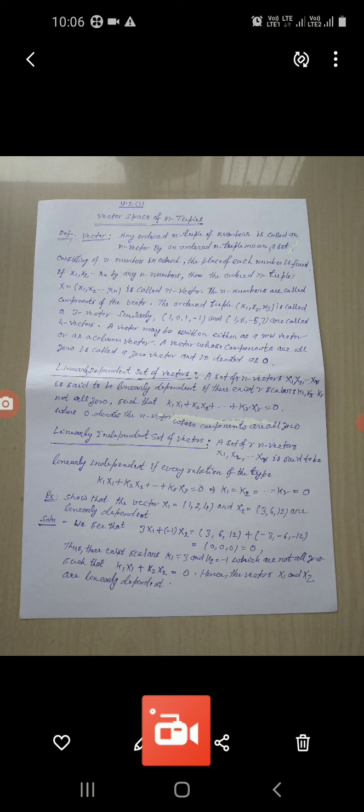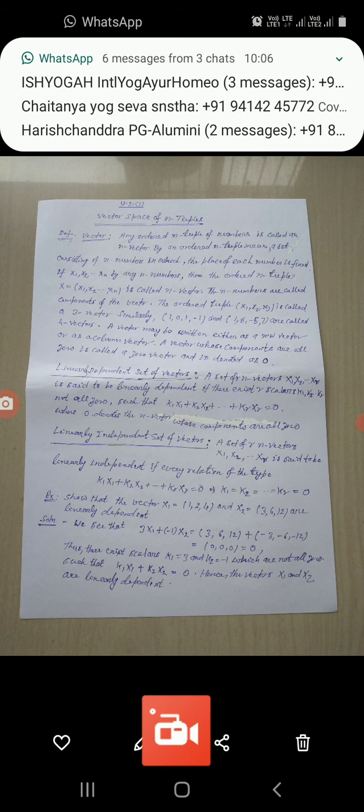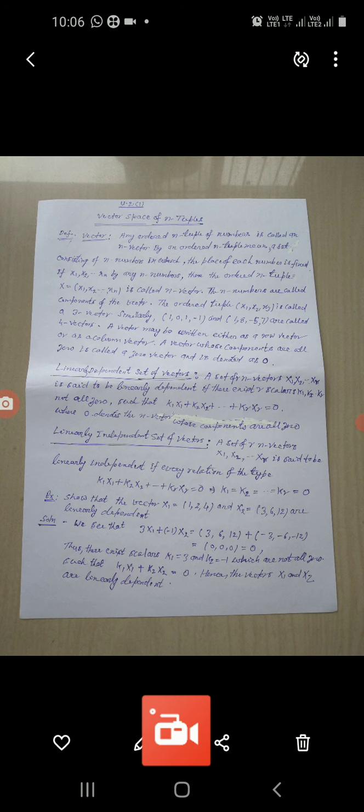Means a set of vectors x1, x2, xr will be linearly dependent if k1 x1 plus k2 x2 and so on plus kr xr is equal to 0 and the constants k1, k2, kr are not all 0. Similarly, give some examples and prove this.